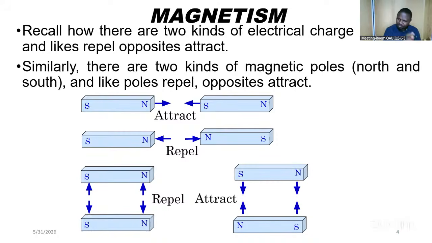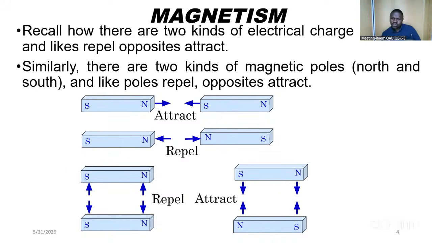That is, when you have positive and positive charges, they repel each other, but when you have positive and negative charges, they attract each other. The same thing is applicable to magnetic field. So when you are talking of a magnet, there is no way you can see a magnet with only one pole. It is also a dipole, in the form of north and south.